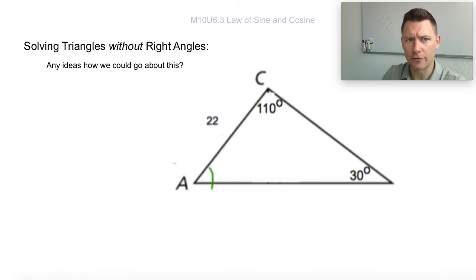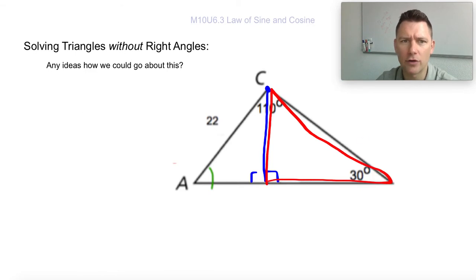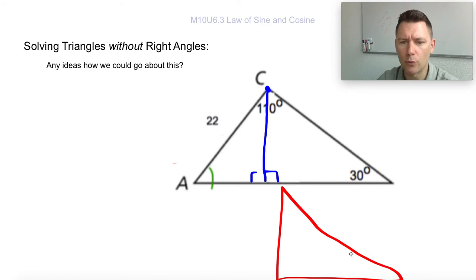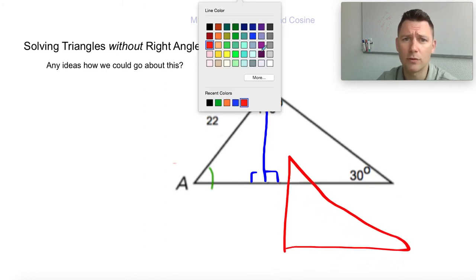So this was the same thing from the warm-up. This is not a right triangle, but we're creative folks. So what you can do is drop an altitude from one point to the other, and if you do it nicely and make this 90 and 90, now you have a 90-degree triangle, and we can use the Pythagorean theorem, sine, cosine, tangent, all sorts of things on that.